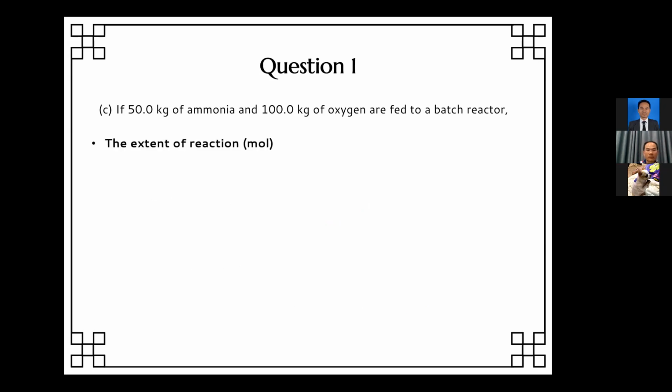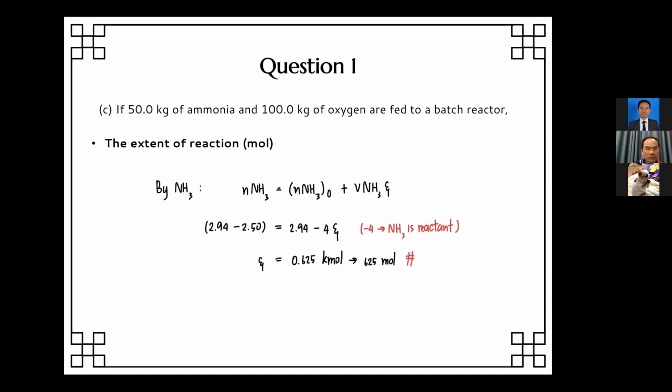And next, we want to find the extent of reaction. So we solve for the extent, where the stoichiometric coefficient of ammonia in the chemical equation is used.